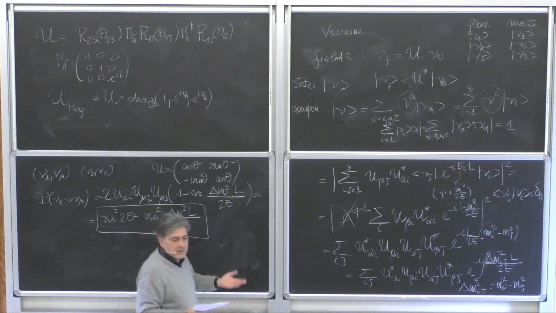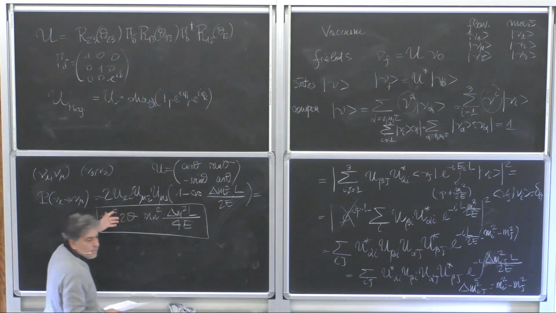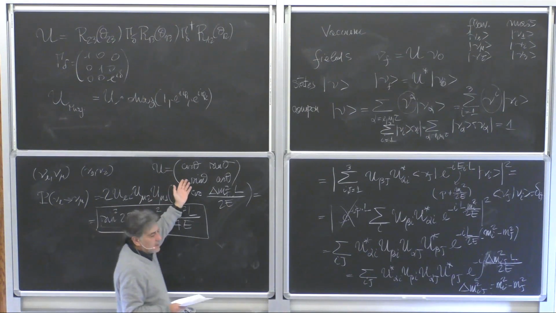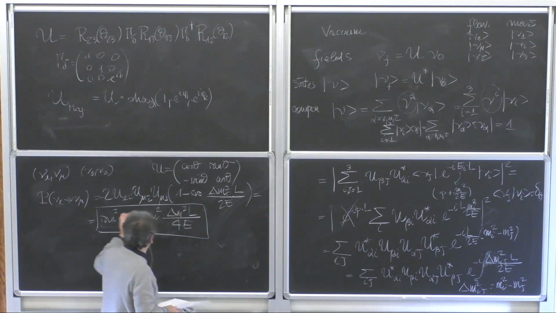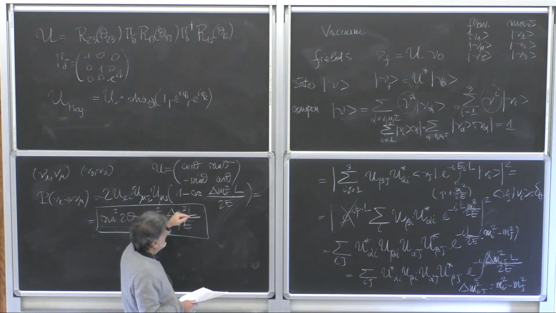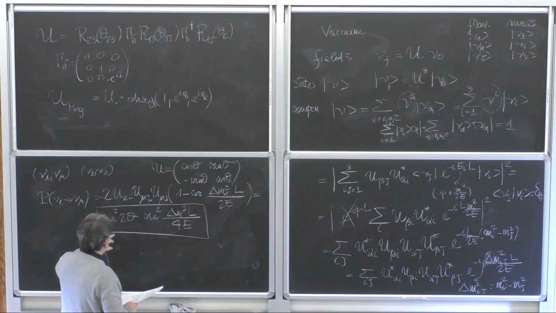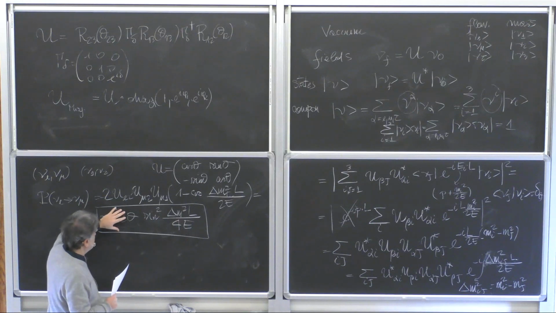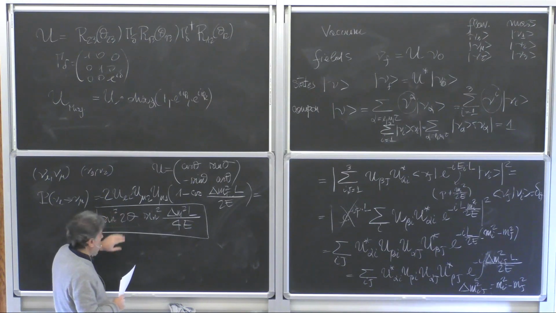If you know the mixing, this is the amplitude of the oscillations. So for theta equal to 0, this is 0, there is no mixing. While for theta equal to pi over 4, the mixing is maximal, and this factor is equal to 1.